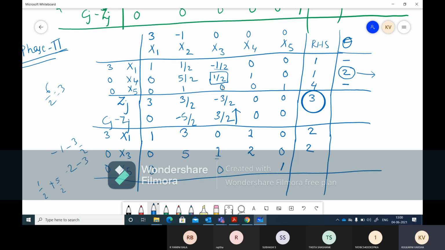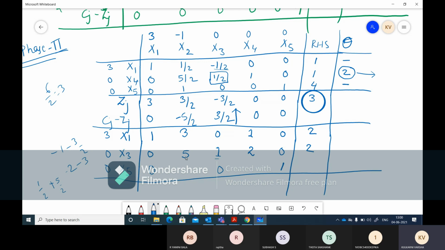Here you have a 0, here you have a 1. But 0 minus 1, you will not get 0. That means what? You have to multiply this 1 by 0, then you will get it as 0. Right? Same thing if you do. So you multiply this x3 by 0 and subtract it from the x5.